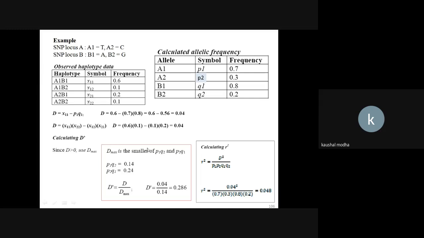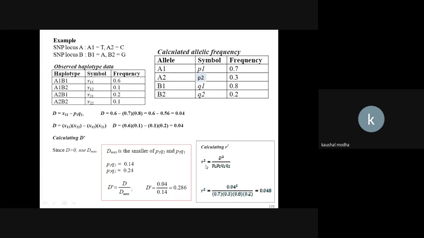Now I don't know the logic behind using the smaller of these two. I exactly don't know, I have to work it out. So this is the normalized D value, 0.286. The D value may vary from minus 0.25 to plus 0.25, but the normalized D value ranges beyond that.